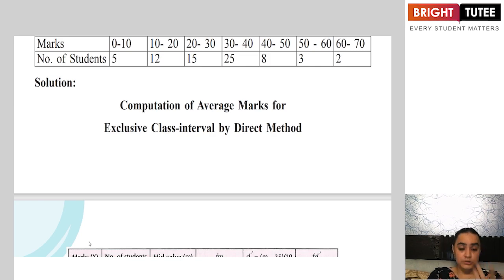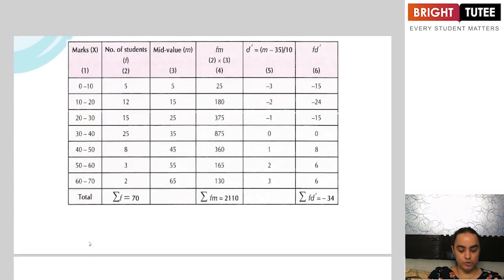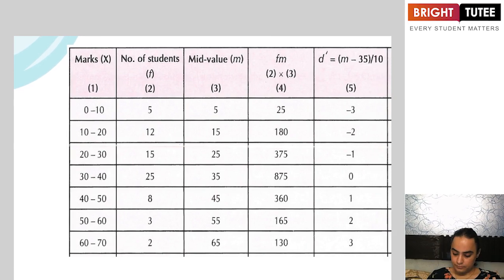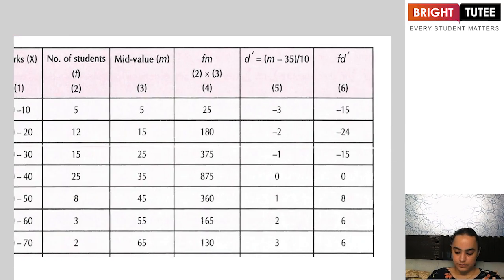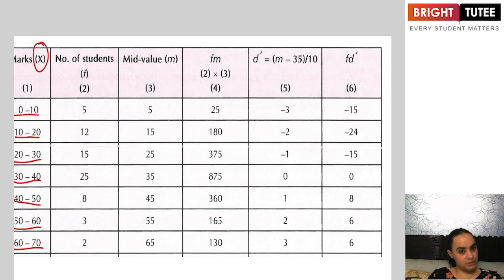Let us learn about each one of them. So this is the data which is given to you. I hope it is visible to you all. My X was the marks: 0 to 10, 10 to 20, 20 to 30, 30 to 40, 40 to 50, 50 to 60, 60 to 70.